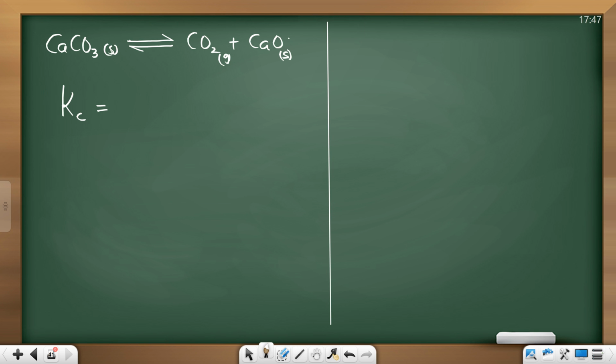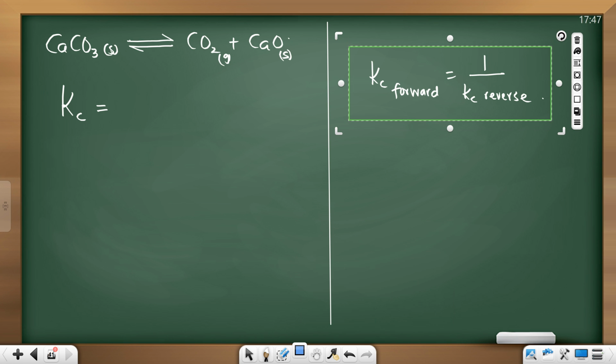While you are writing that, let me write something for you here. Kc forward is equal to 1 over Kc reverse. Please take note of this formula, of that expression.